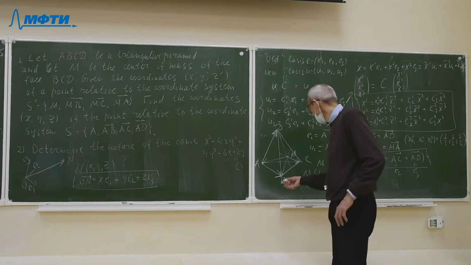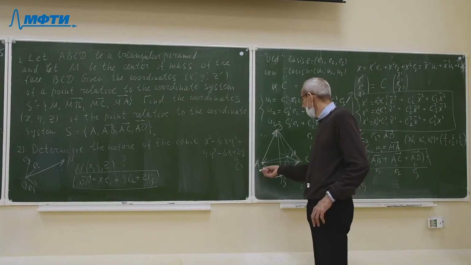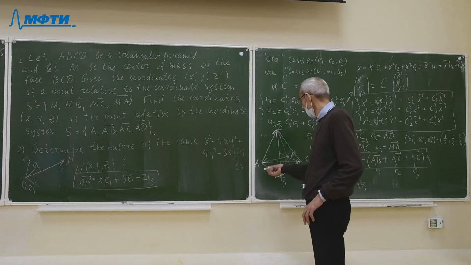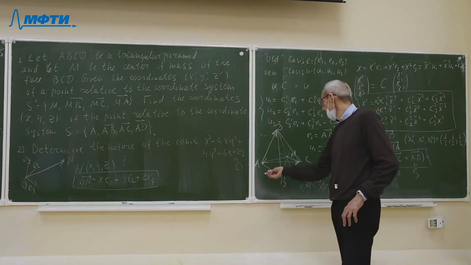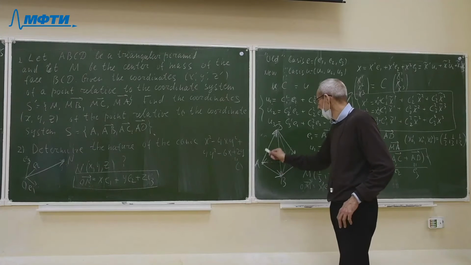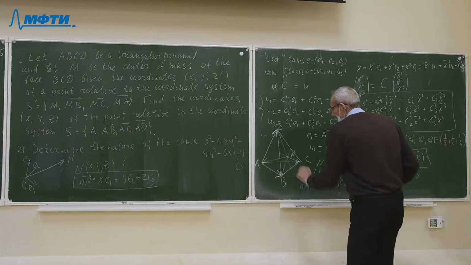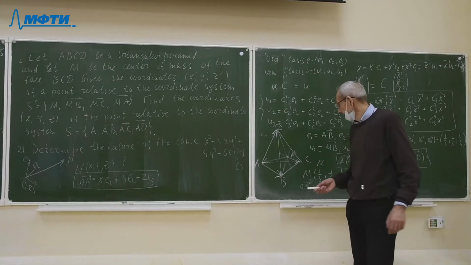In our example, the old basis consists of the vectors AB, AC, and AD. These three vectors form the basis.